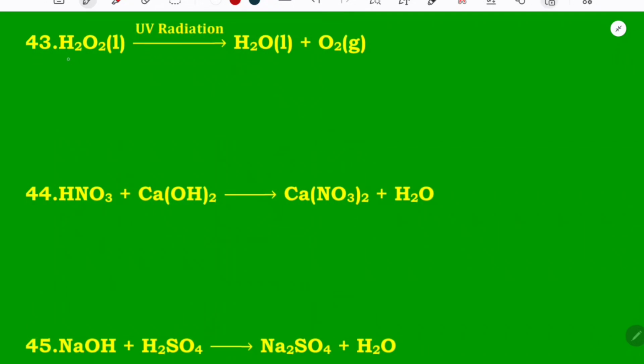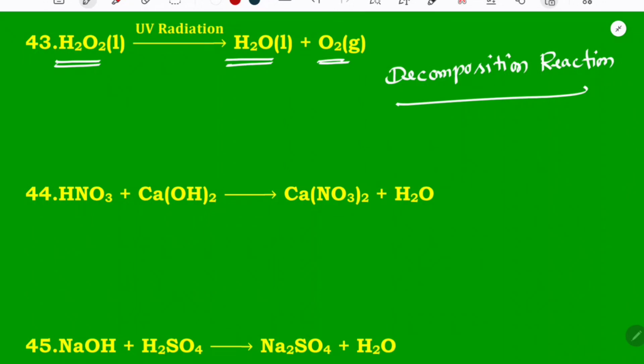Next one. Hydrogen peroxide is converting to water and oxygen. What type of reaction is this? Decomposition reaction. In the presence of radiation, which is nothing but heat only, so thermal decomposition reaction. Now what is another type?